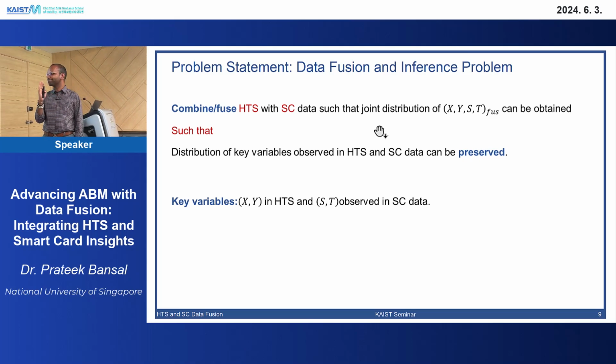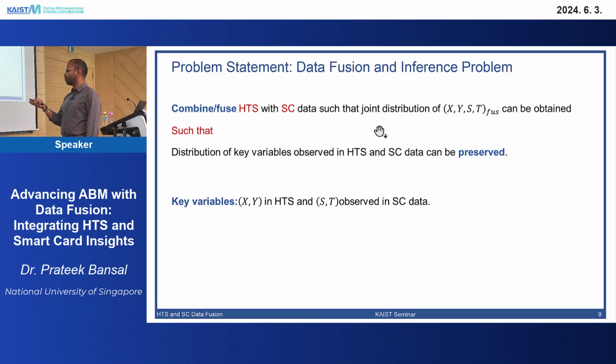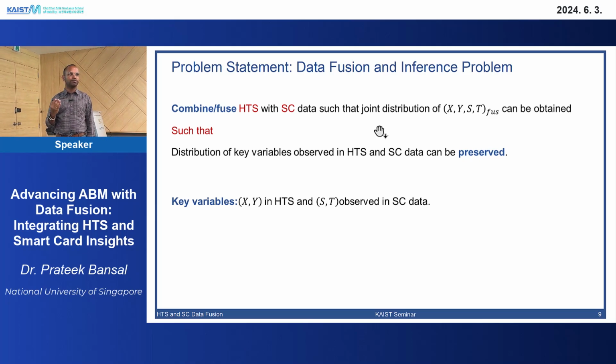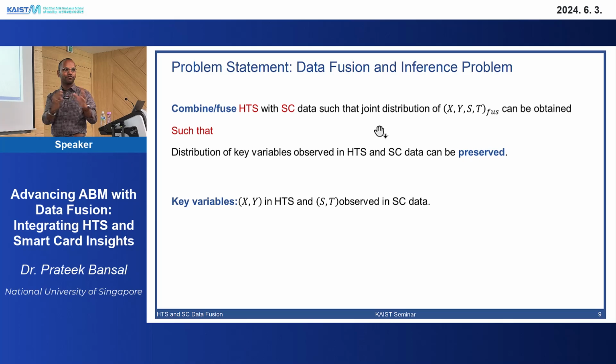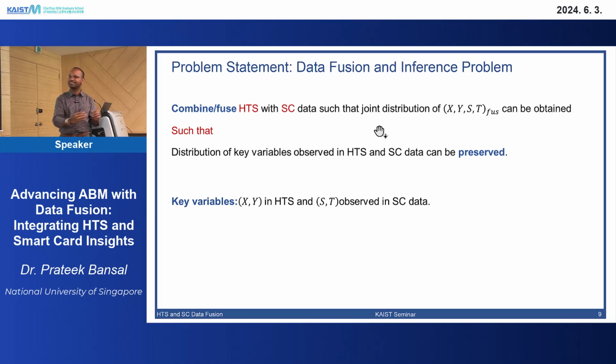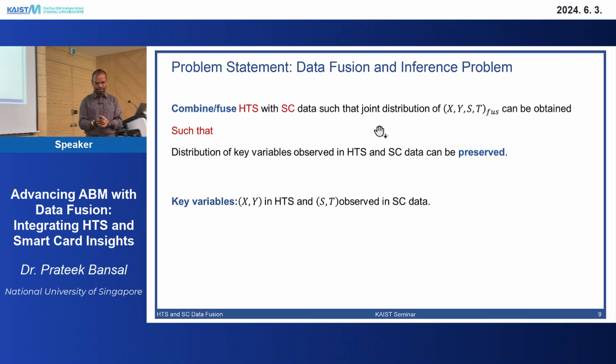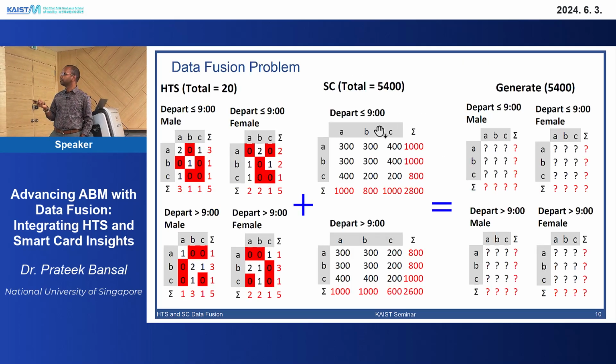But we are doing the more separate one where we cannot guarantee these things. But here what I will show is the formulation where we can guarantee that we match in the fused distribution. We are presenting X and Y more from HTS data, which is similar to HTS data, and S and T, which is similar to what we observed in the SC data. Okay? So this is our problem statement.